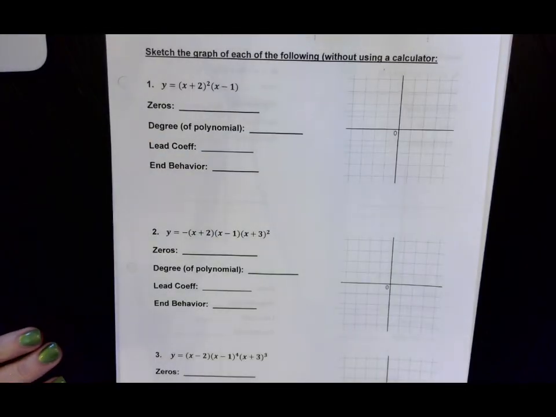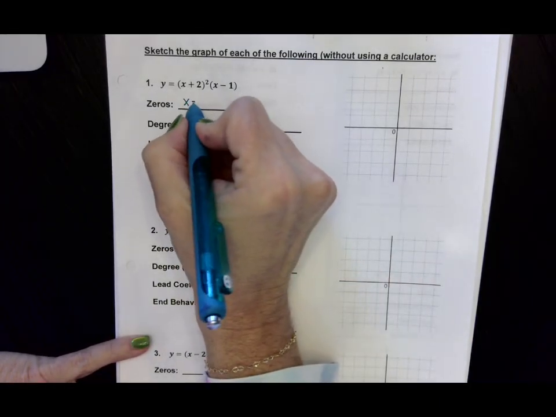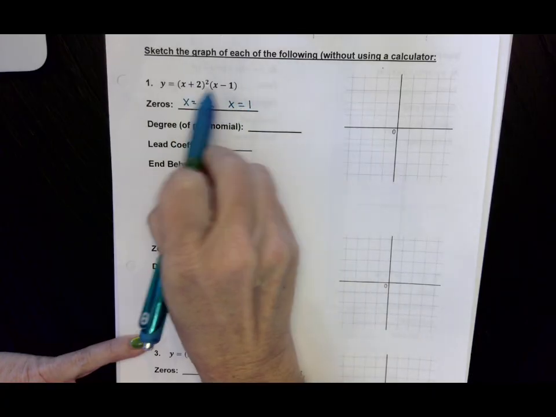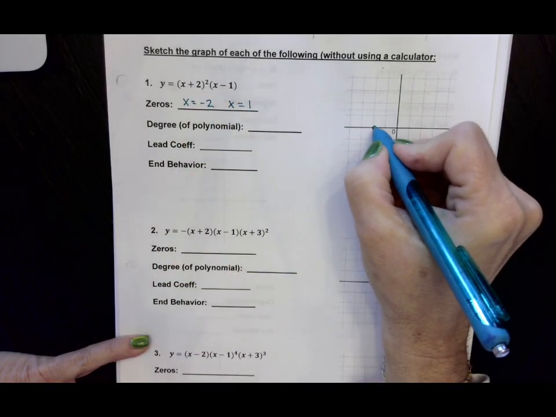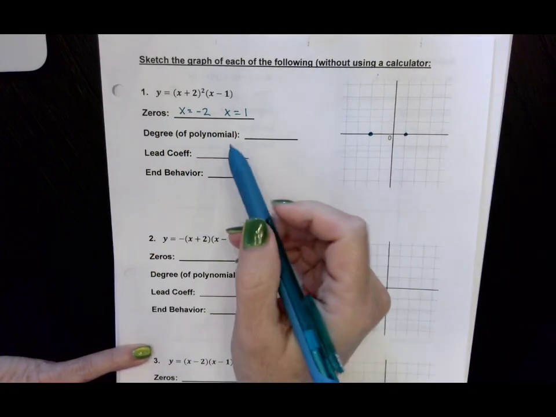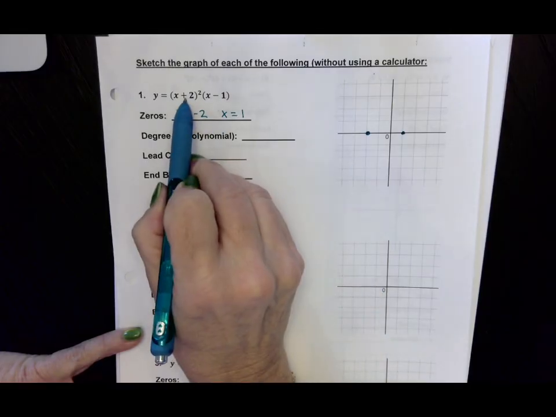Okay, so let's practice this. How many zeros do I have? So I have a 0 at x equals -2, and I have 1 at x equals 1. -2 and 1. So I'm going to go right over here. And it's great when it's already in factored form like this. So the degree of the polynomial, I have 1, 2, 3.